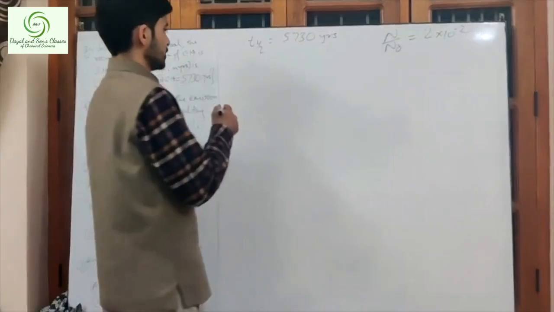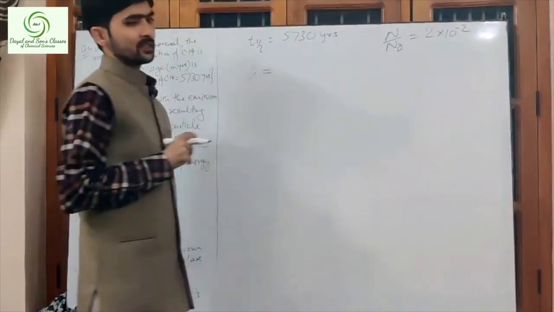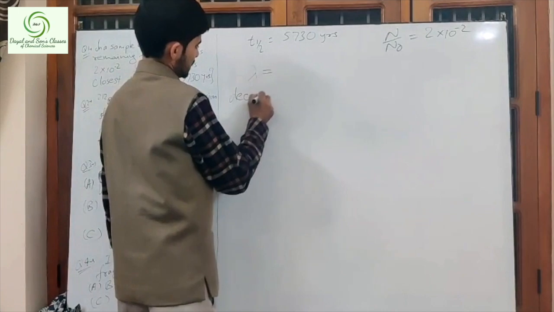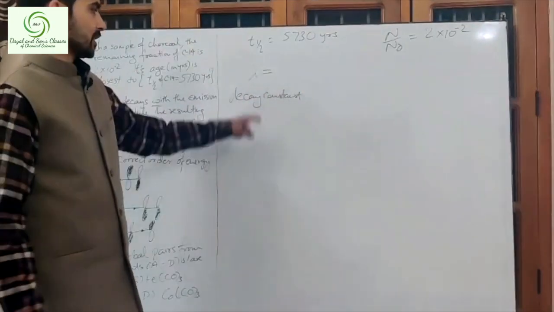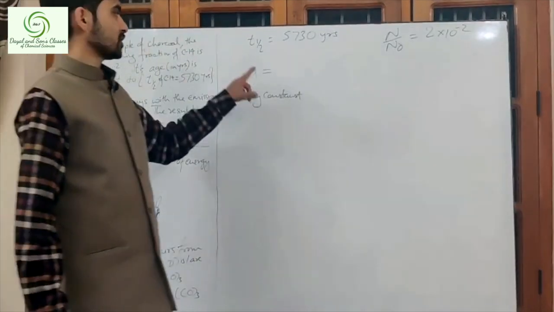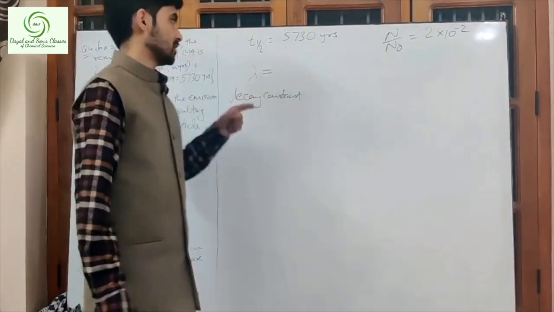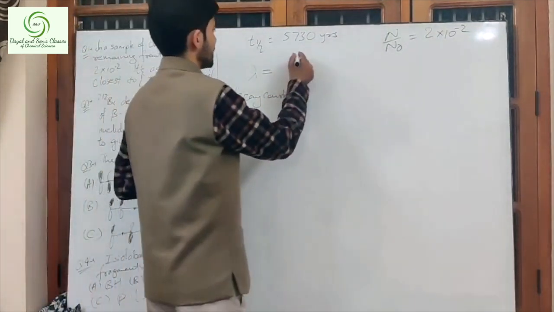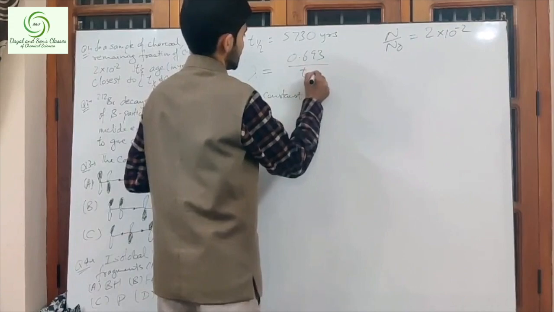Now we know lambda is called the decay constant. So we know how lambda is related to T half for any nuclear species. The relation is that lambda is equal to 0.693 divided by T half.